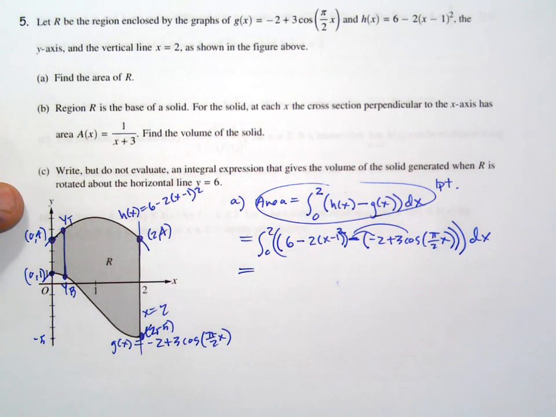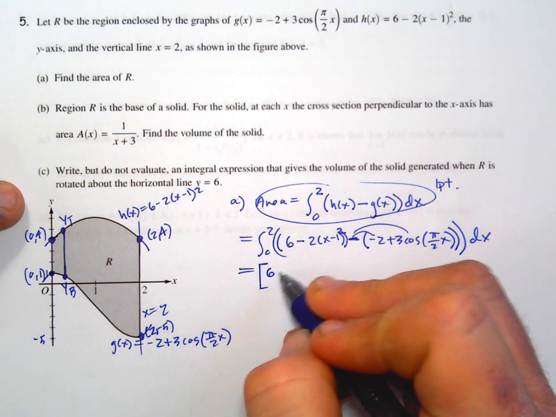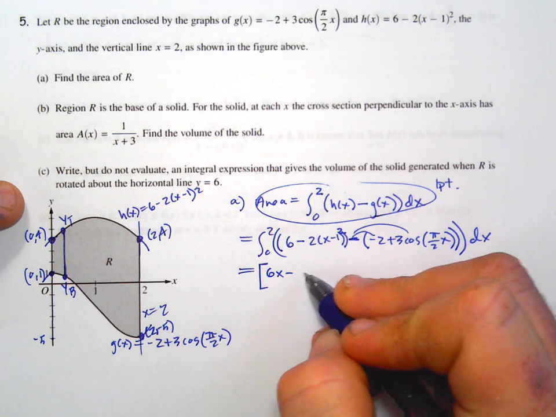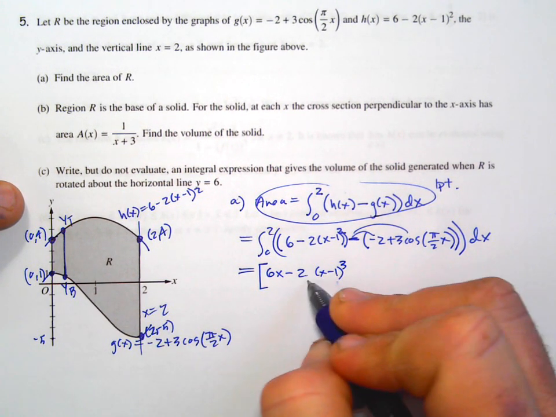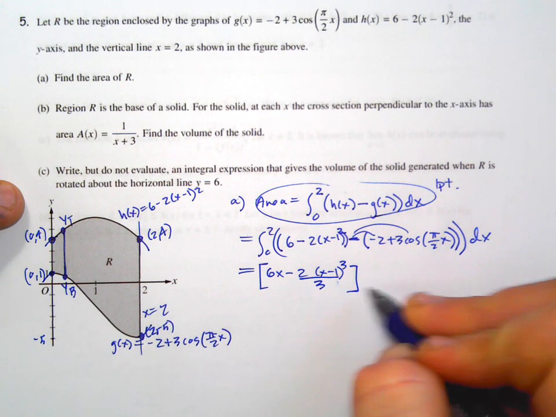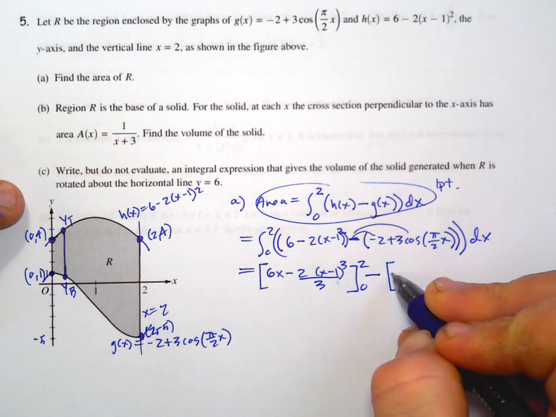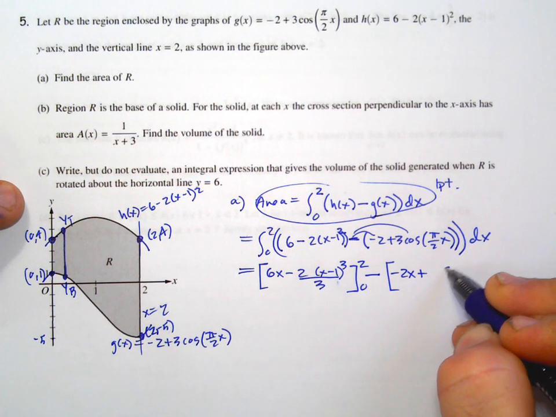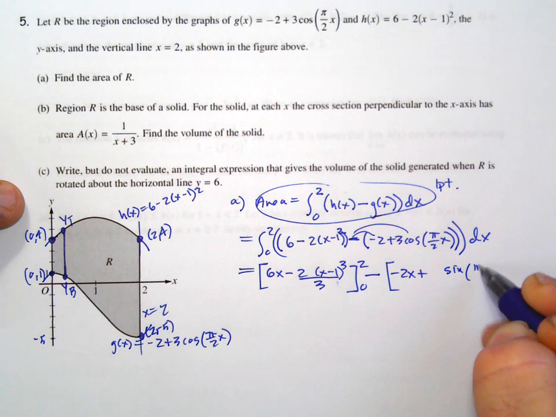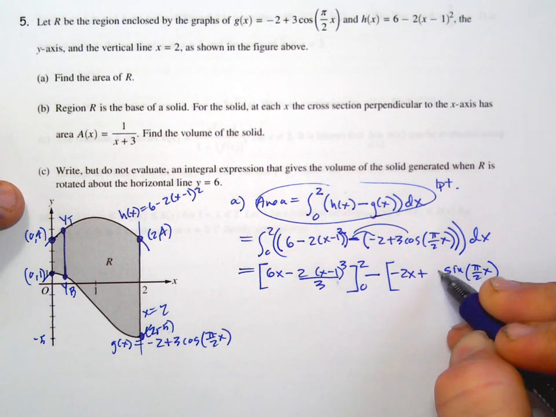We could try and just integrate each of these on their own. Antiderivative of 6 is 6x minus 2 times (x minus 1) to the third power divided by 3, from 0 to 2, minus, this is going to be negative 2x plus sine of pi over 2 x positive, and then an extra pi over 2 is going to pop out that I don't want.